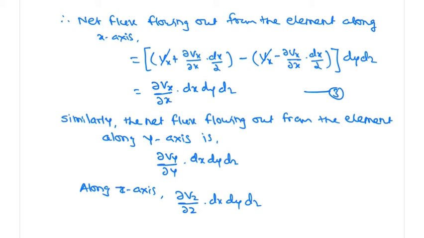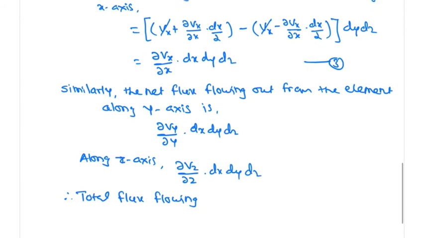We know the net flux flowing along the x-axis, y-axis and z-axis. The three terms are known. Therefore, we calculate the total flux flowing out from the element.